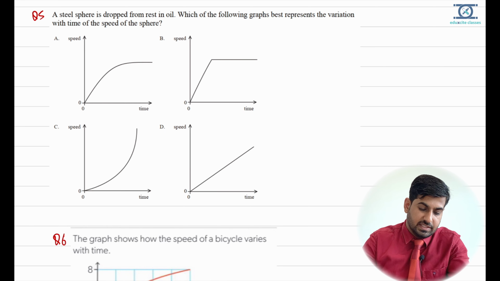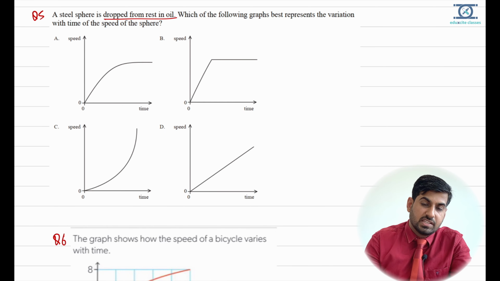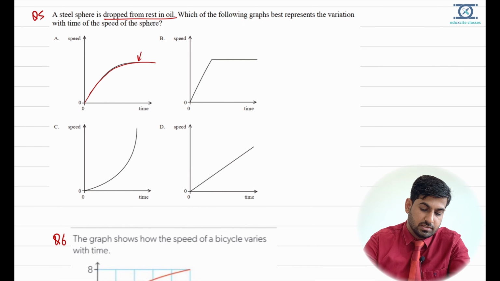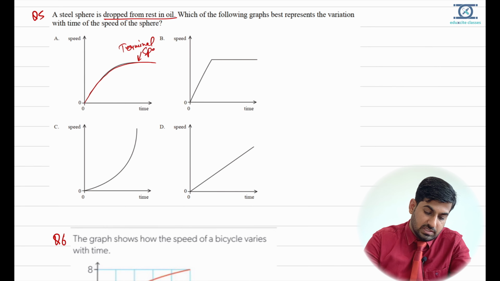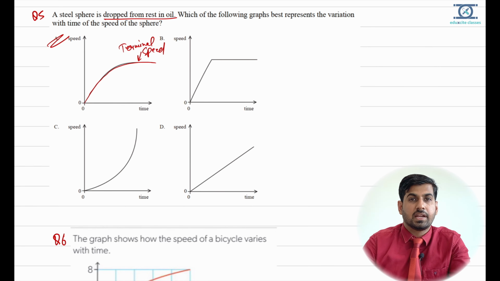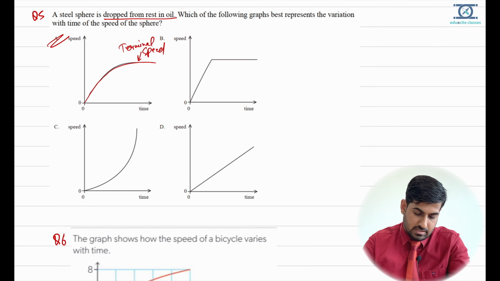Yeah, it's quite easy. The drop from rest in oil will increase speed up to a certain limit, then it will balance out the forces and it will reach a terminal velocity, or you can say terminal speed. So option A is the right answer, rest all are incorrect.